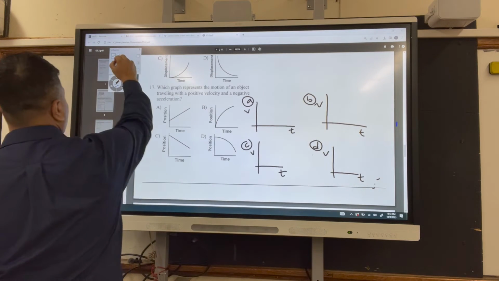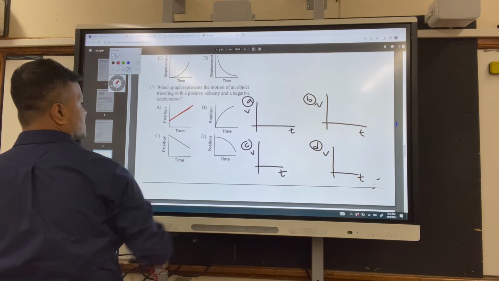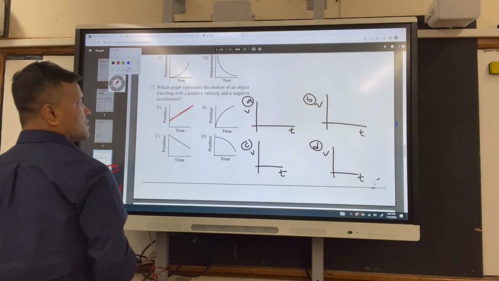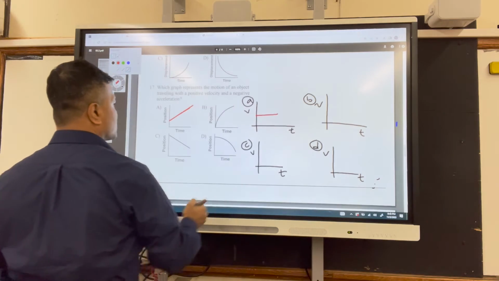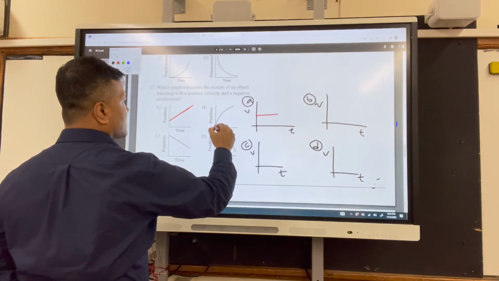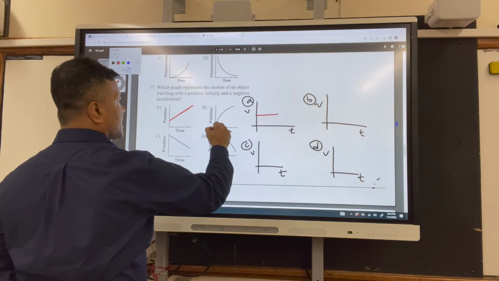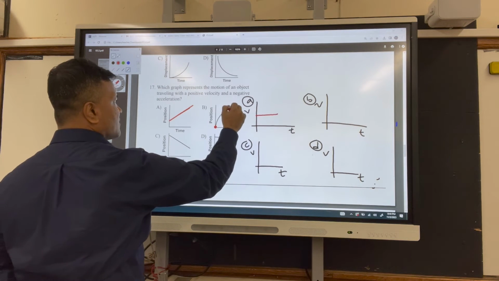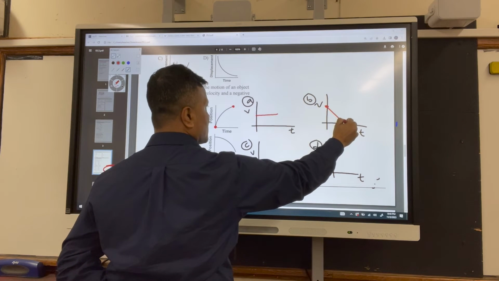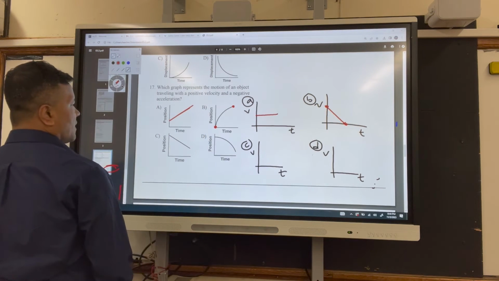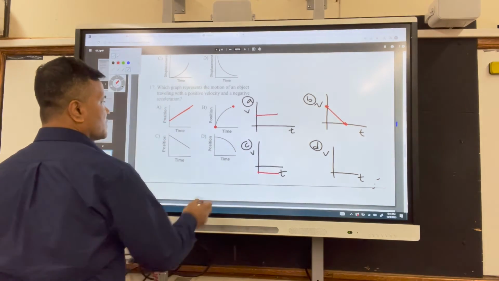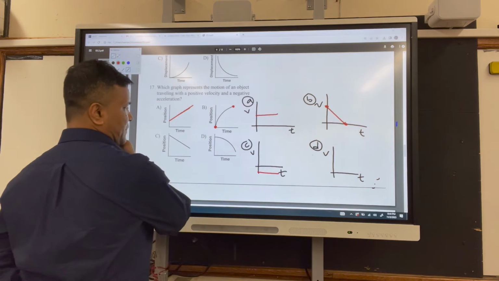This one is position versus time, so velocity versus time would look like this. For B, here you have a loss of velocity, here you have a zero velocity. This one would be negative.